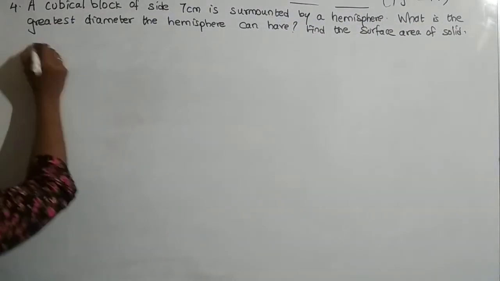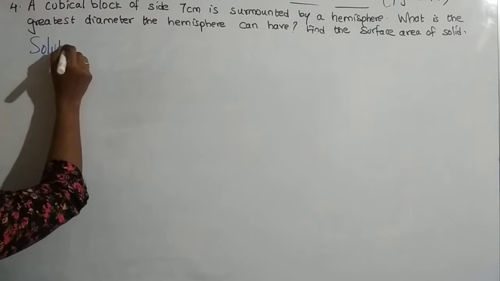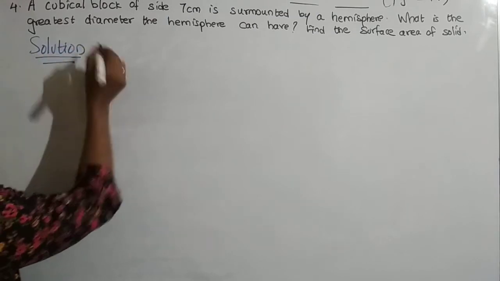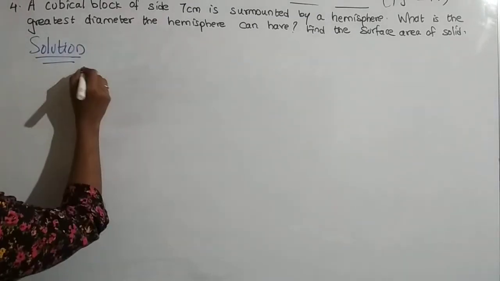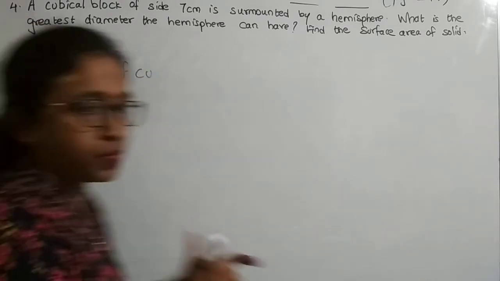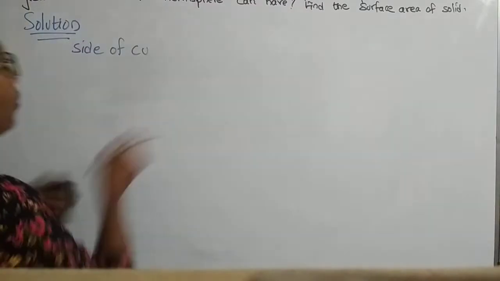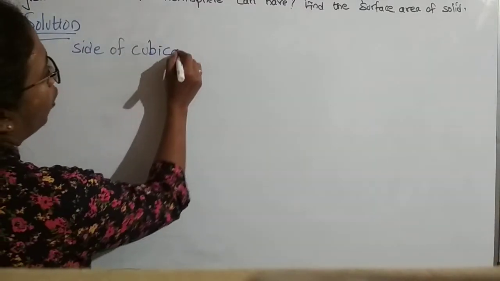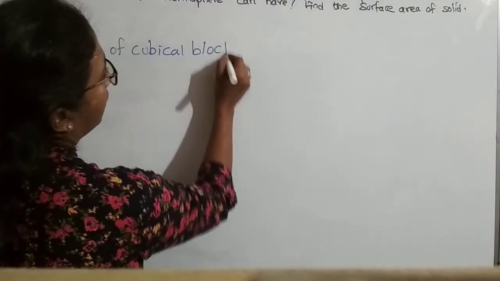So when you write here, solution. The first thing they are asking is the side of the cubical block. The side of the cubical block is given as 7 centimeter.